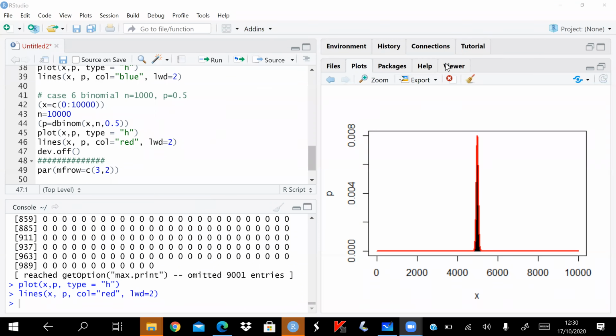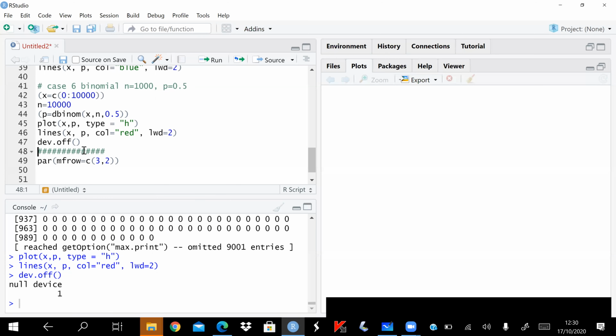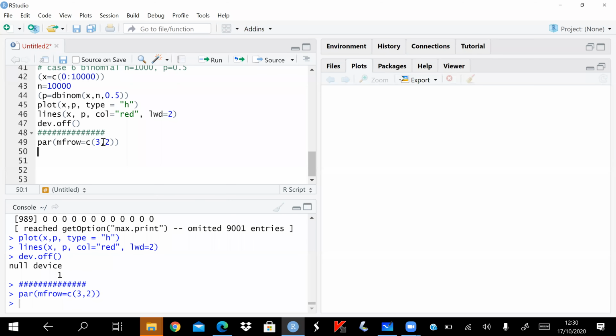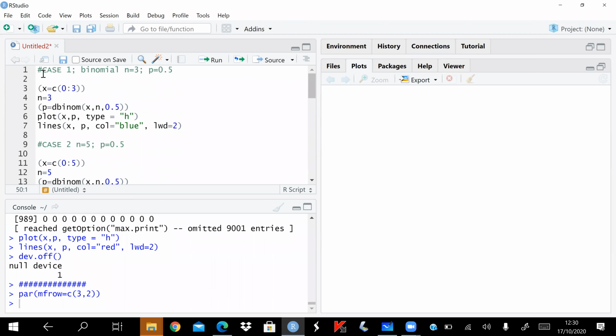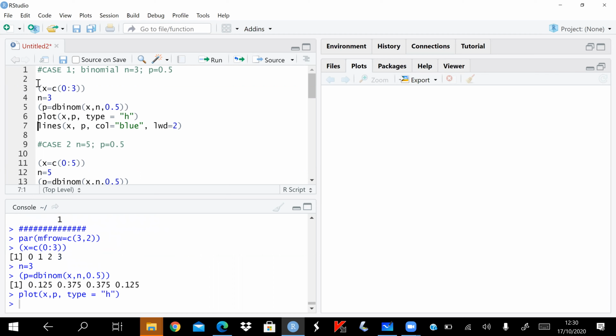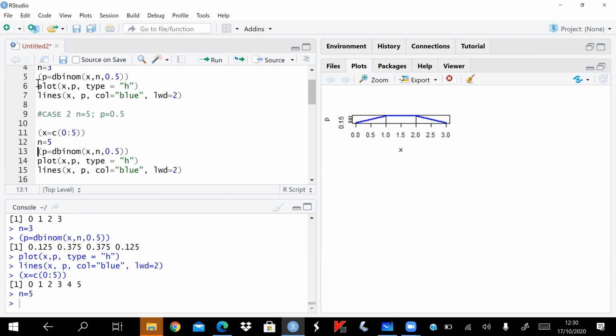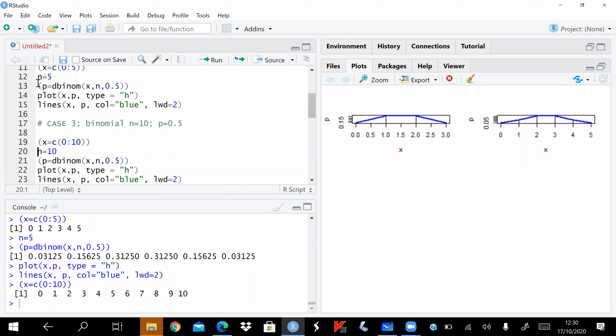I want to show you all the graphs that we have drawn so that you can compare them. I'll use a certain function here, and I want to show you all the graphs on the same page.